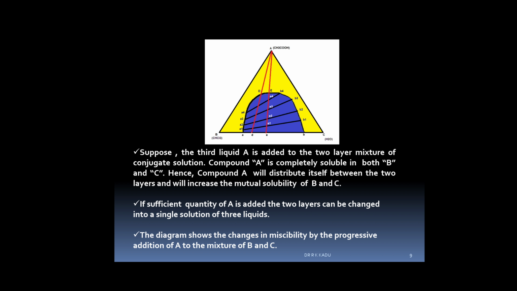The phase diagram shows the change in miscibility by the progressive addition of liquid A to the mixture of B and C.